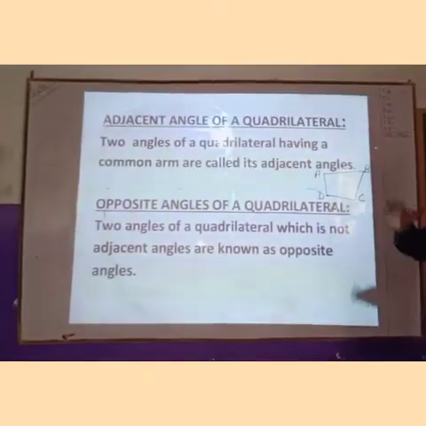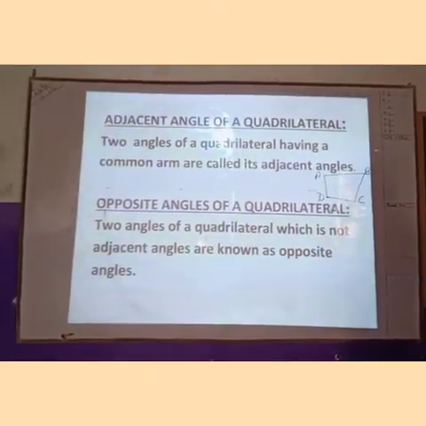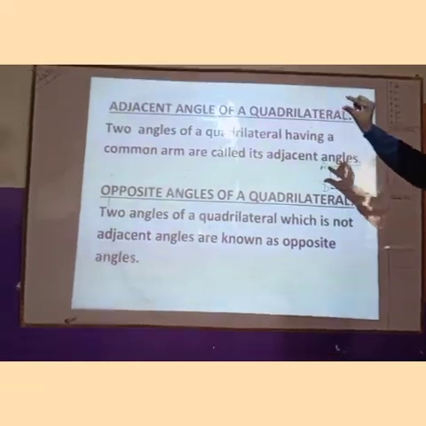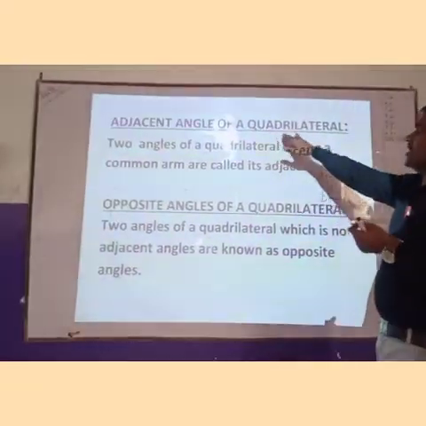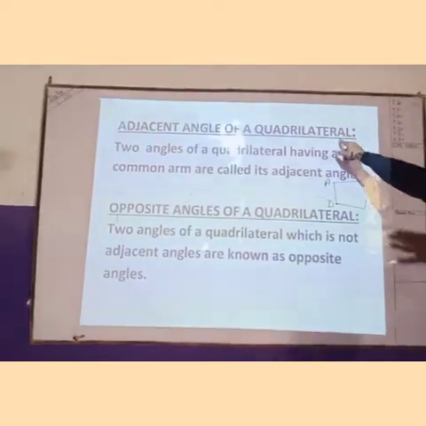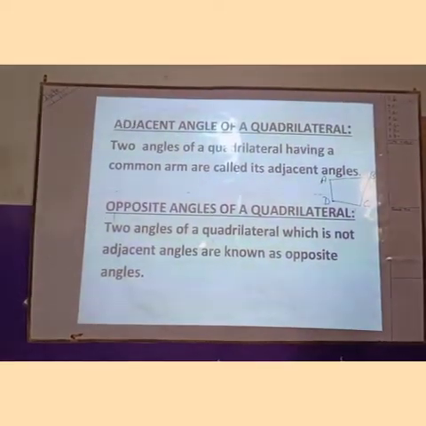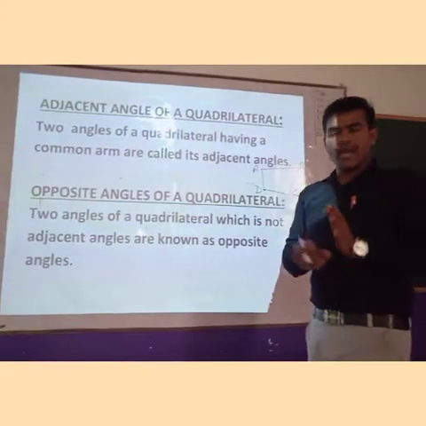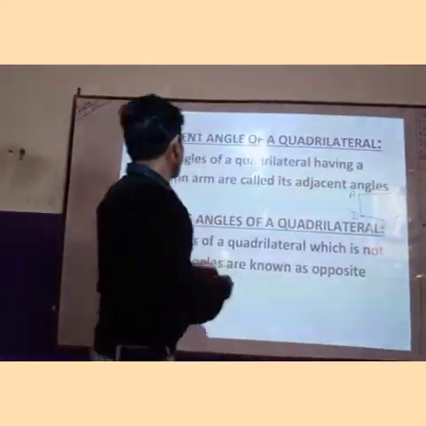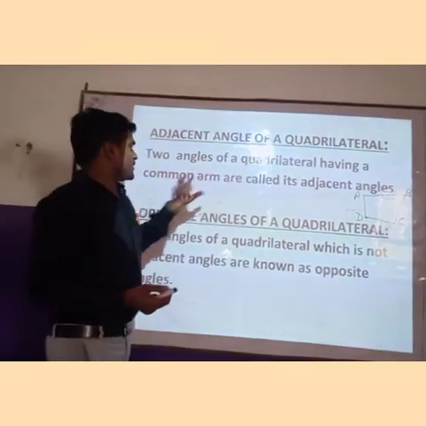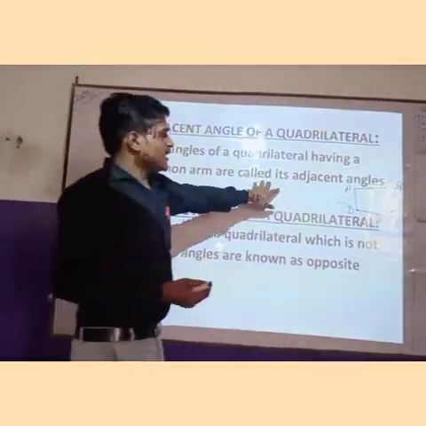Adjacent angles of a quadrilateral. These are very conceptual points, so you must remember them. What are adjacent angles of a quadrilateral? Two angles of a quadrilateral having a common arm are called adjacent angles.